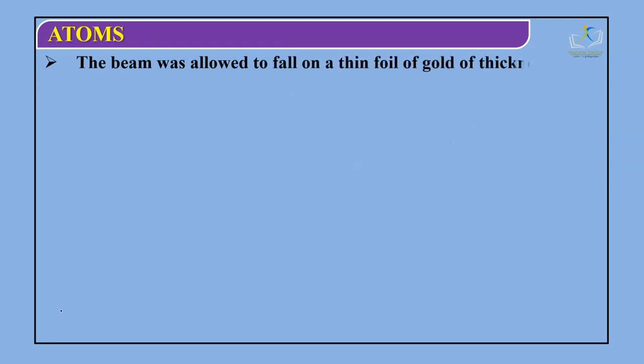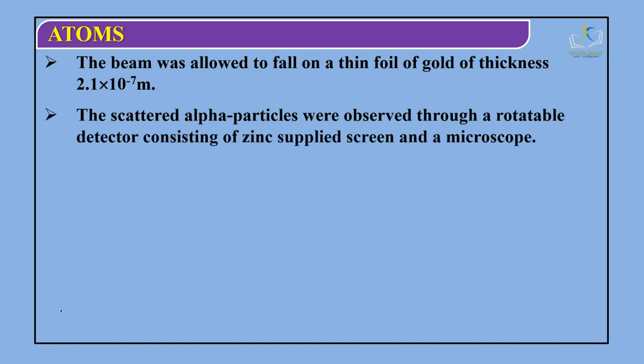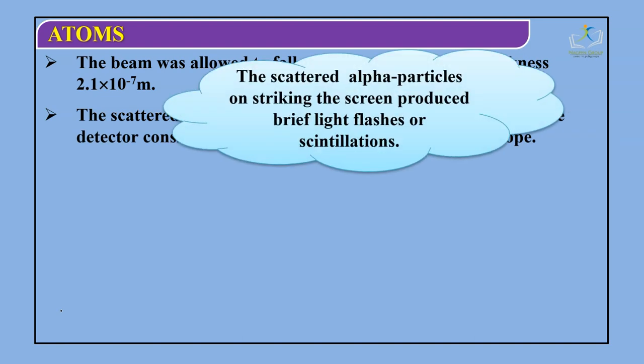The beam was allowed to fall on a thin foil of gold of thickness 2.1 times 10 to the power minus 7 meter. The scattered alpha particles were observed through a rotatable detector consisting of a zinc sulfide screen and microscope. The scattered alpha particles, on striking the screen, produced brief light flashes or scintillations.